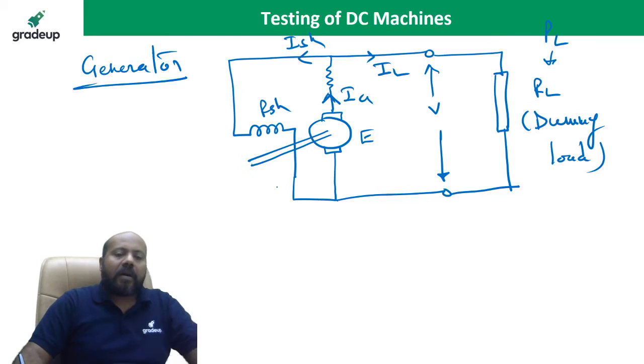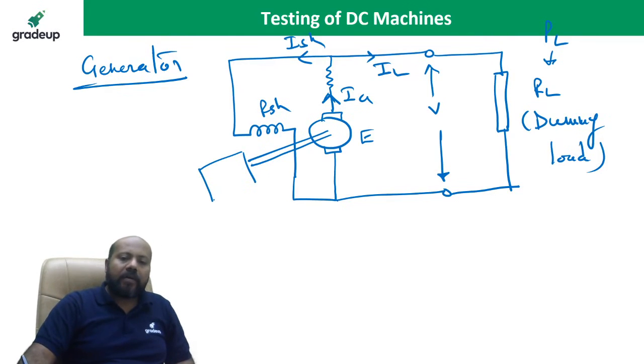Okay, and the input power you have to find from the prime mover. With the help of the prime mover, you rotate the generator in this direction.